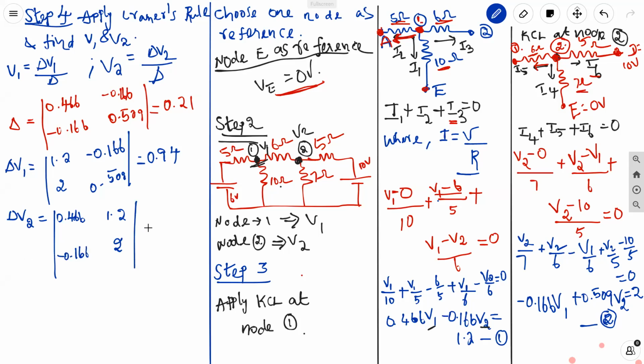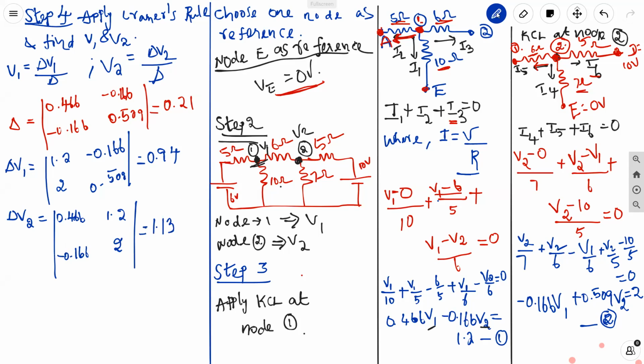Okay, right now you solve this. Find del V2. Del V2 we will get 1.13. Okay, please verify whether you are getting this answer.